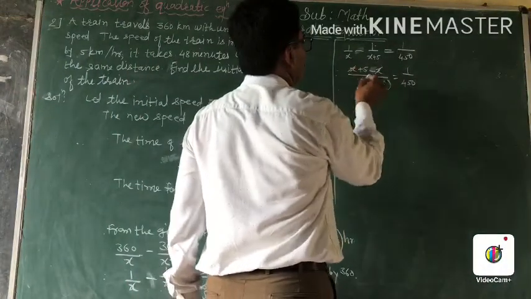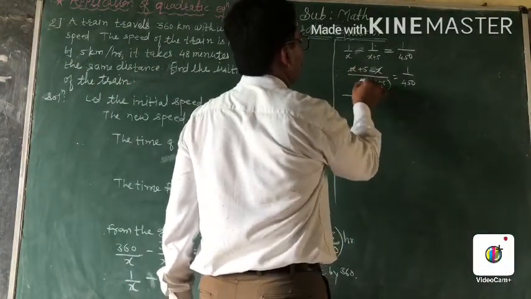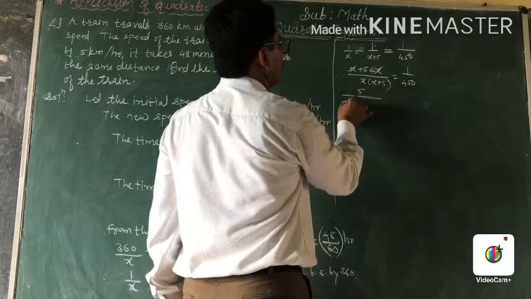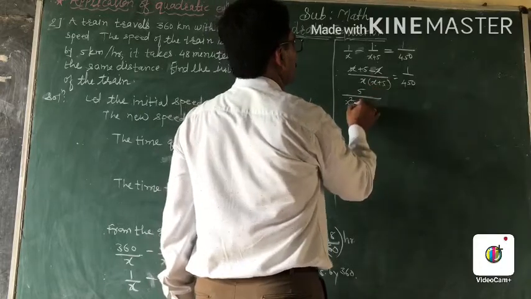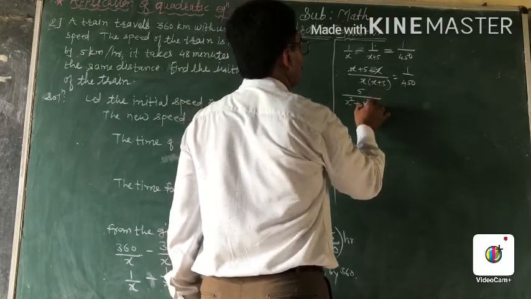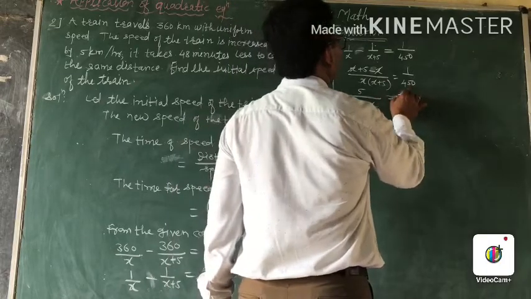Minus x plus x is 0, leaving 5 divided by multiplying this bracket x into x plus 5, which is x square plus 5x, is equal to 1 by 400.